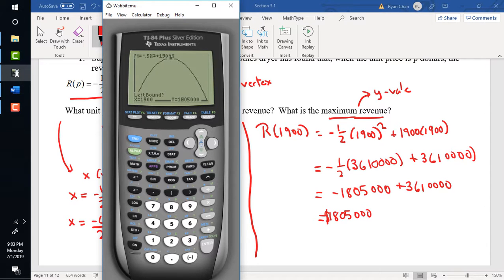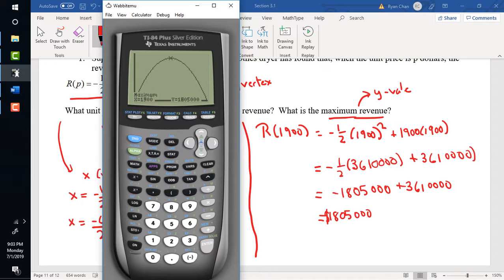So you're going to see this little cursor here, and it says left bound. So all we're going to do is move our cursor, right? I'm going to hit the left arrow till I'm to the left of my maximum, and I'm going to hit enter. Right bound, I'm going to move my cursor to the right of my maximum and hit enter. And then for the guess, I'm going to hit enter one more time.